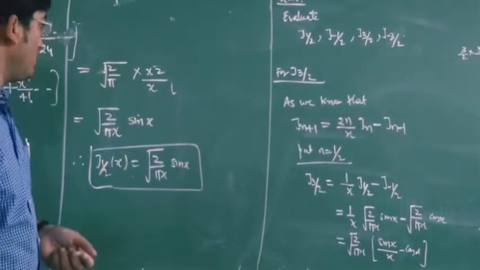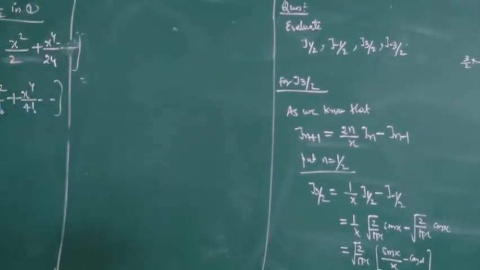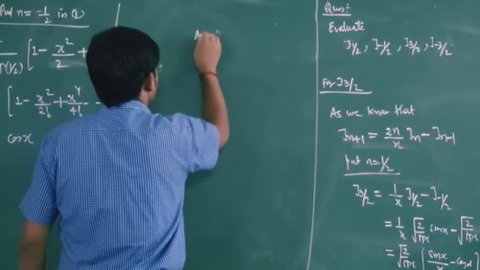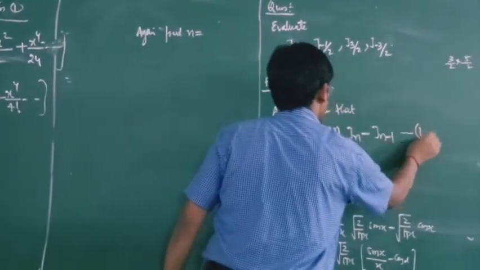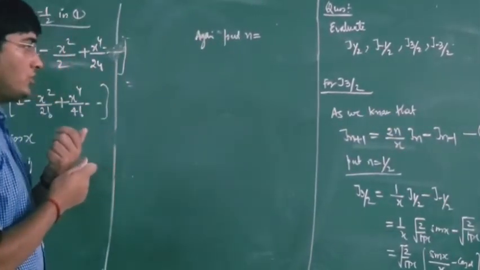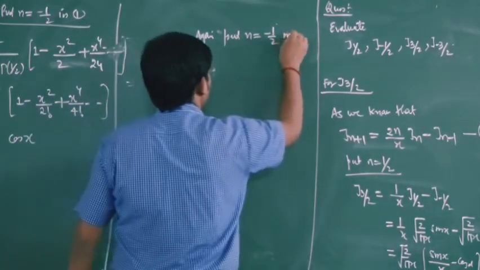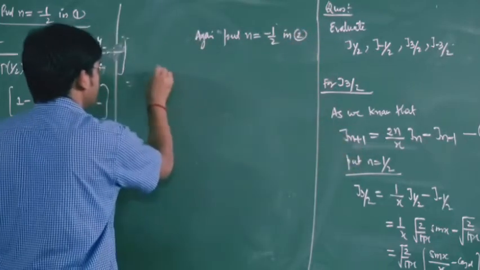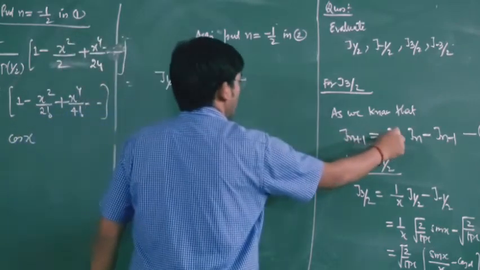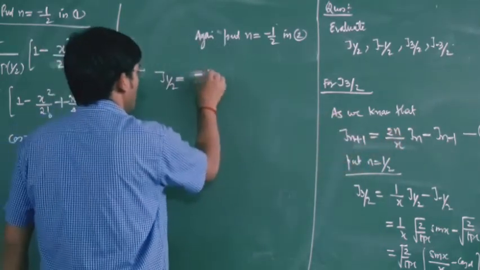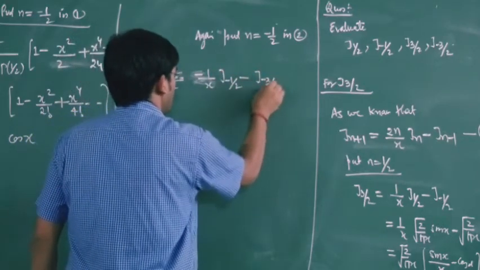Now for J minus 3 by 2, say this equation number is 1, so again put n equal to minus half. If you put n equal to minus half in 1, then the left hand side will be J half. Now if you put n equal to minus half, then this will be minus 1 upon x J minus half, then J minus 3 by 2.